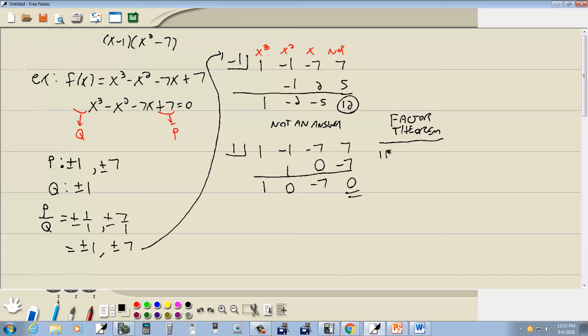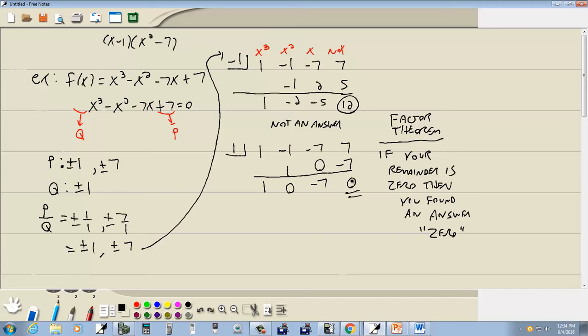Factor theorem says, if you're in this process and your remainder is 0, then you found an answer. Now, another name for answer is zero, because that's what we're finding, we're finding zeros.